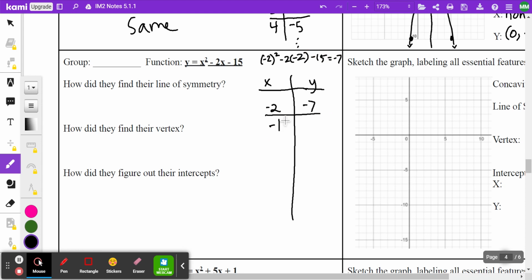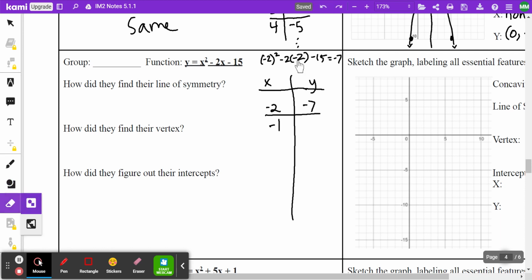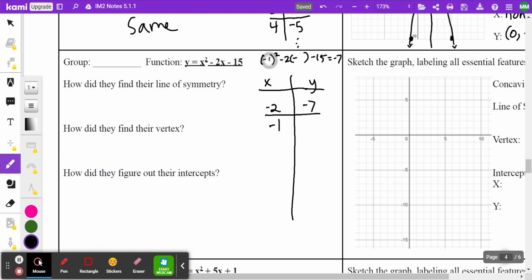All right, next. -1. At -1, I'm at -15. No, that's not right. Let me try again. Sometimes it really does help to write it out. At -1, I'm at -12.